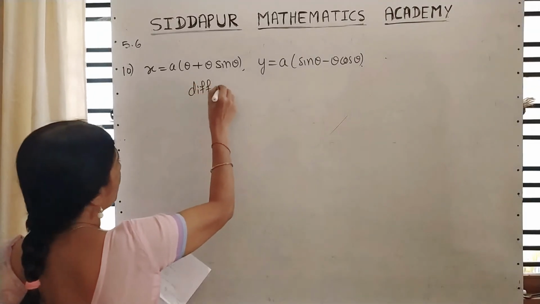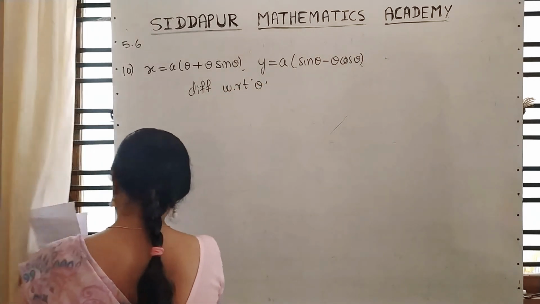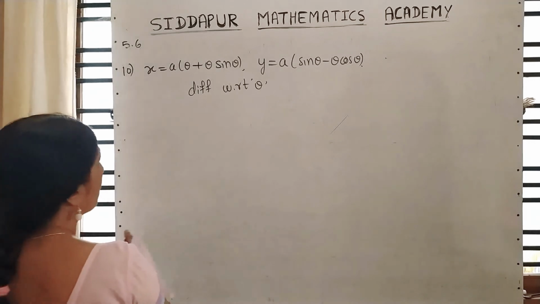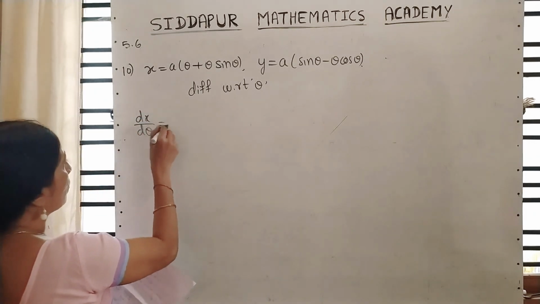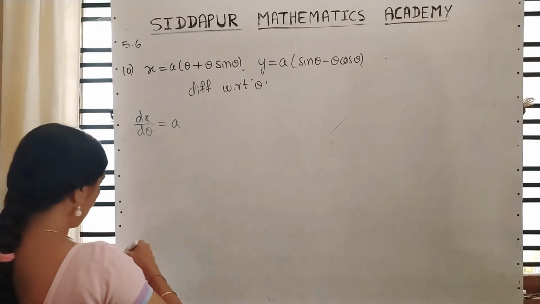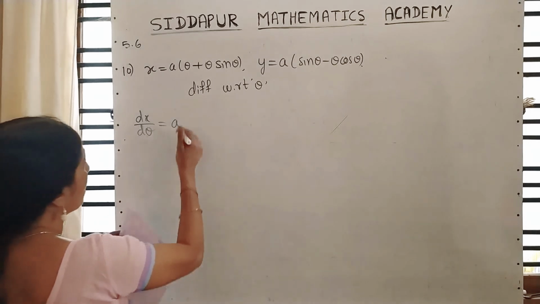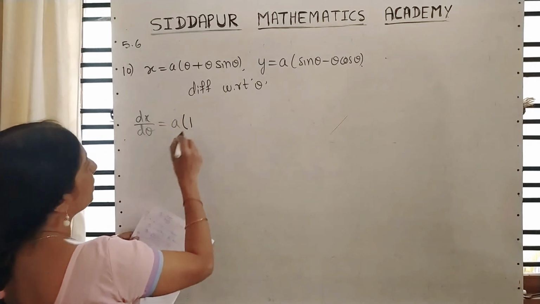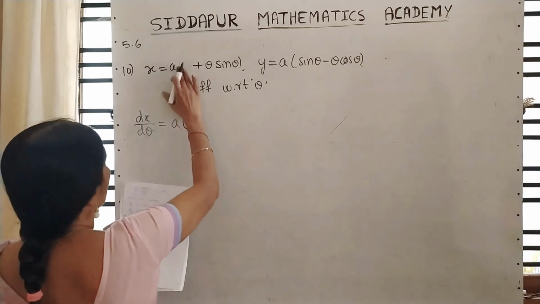Here the parameter is theta. So differentiating with respect to theta, dx upon d theta is equal to a constant. What is the differentiation of theta with respect to theta? Sorry, I made a mistake here, it is cos theta.